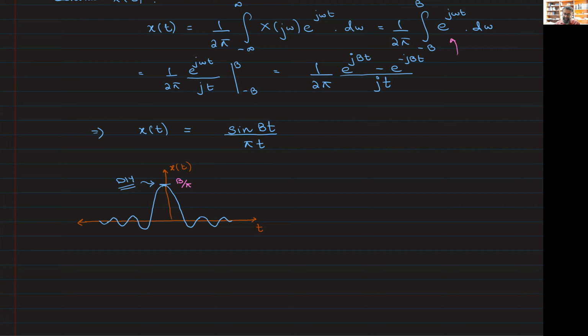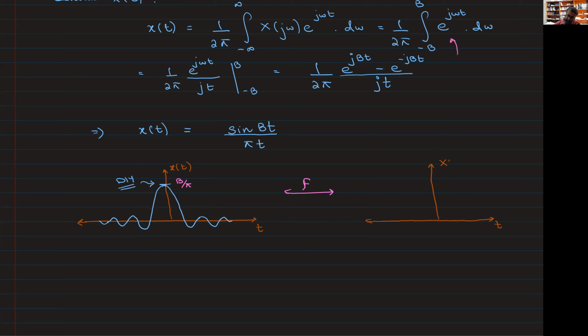All right. So this is B by pi, as Daniel correctly suggests. And this corresponds to the Fourier transform, and that Fourier transform is just a square pulse, if you will.